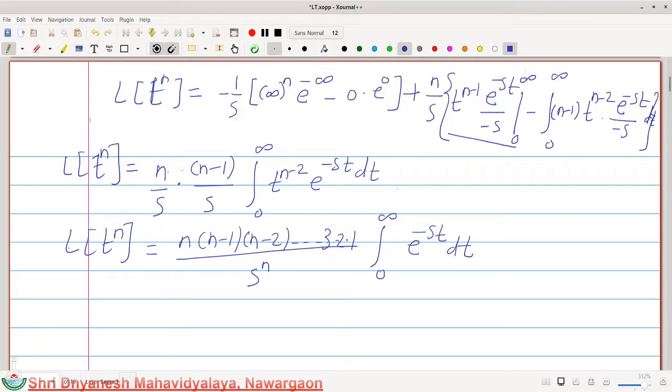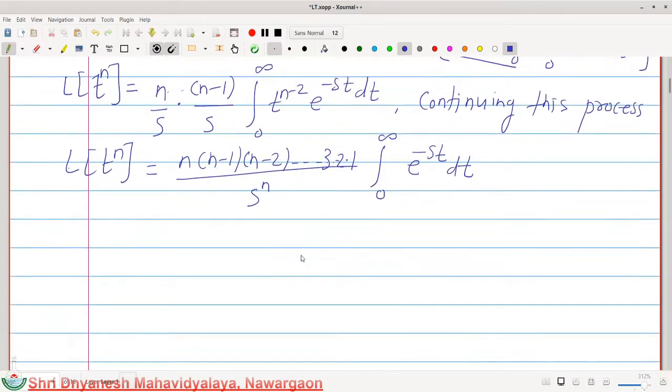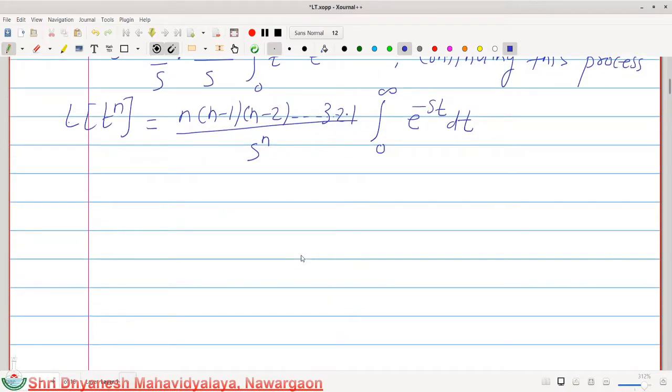Okay, so you should write continuing this process. Okay, so and what will be the final integration? That is integration of this. Laplace transform of t power n equals, see, this is the product of n into n minus 1, n minus 2, so on 3 to 1.